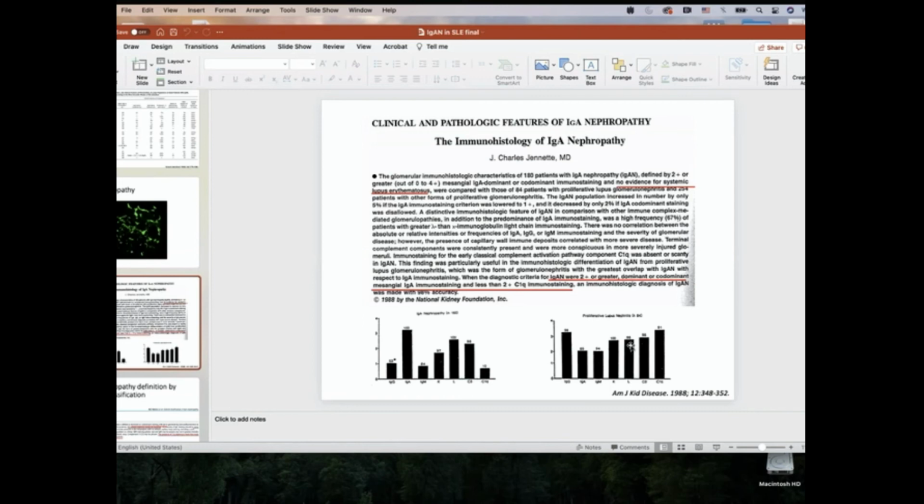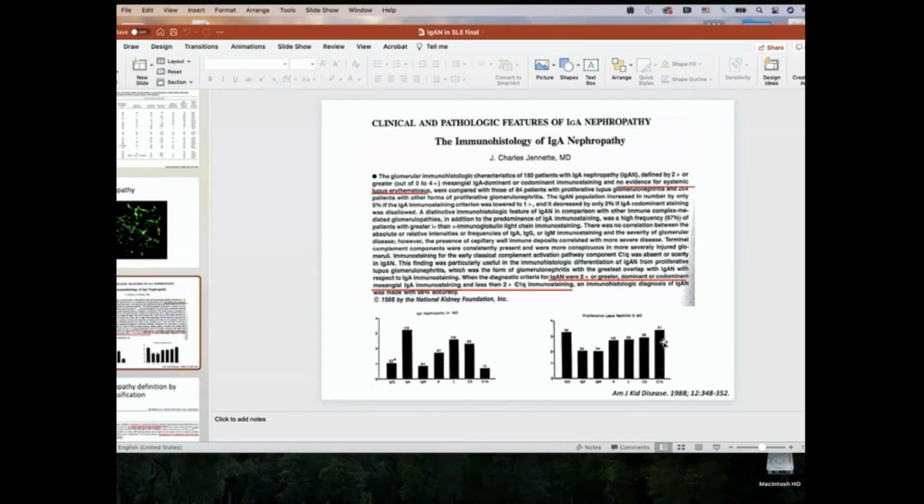The interesting thing with repeat biopsy is that it helps us as pathologists recognize that even in patients with classic lupus nephritis on the first biopsy, if they're treated, their C1q levels drop.